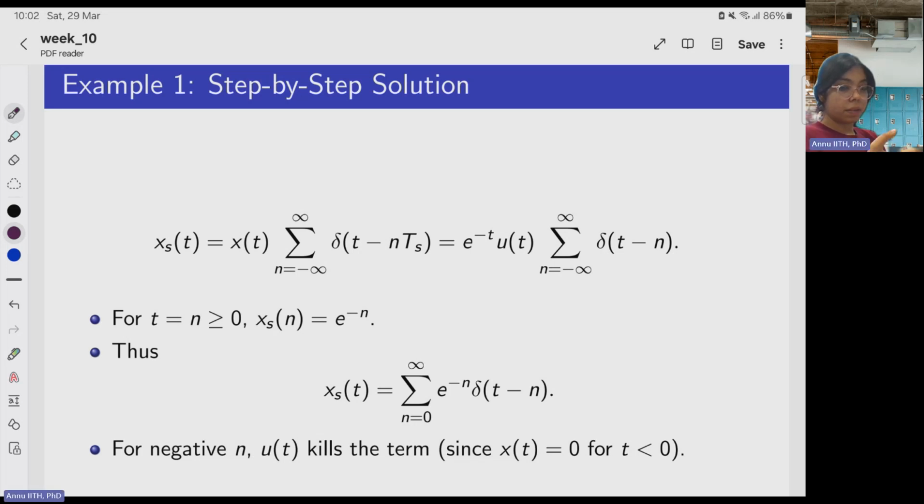So t will be replaced by n. Since n goes inside, e power minus n will go inside with delta of t minus n. For negative n, u(t) gives zero, since x(t) is equal to 0 for t less than 0.